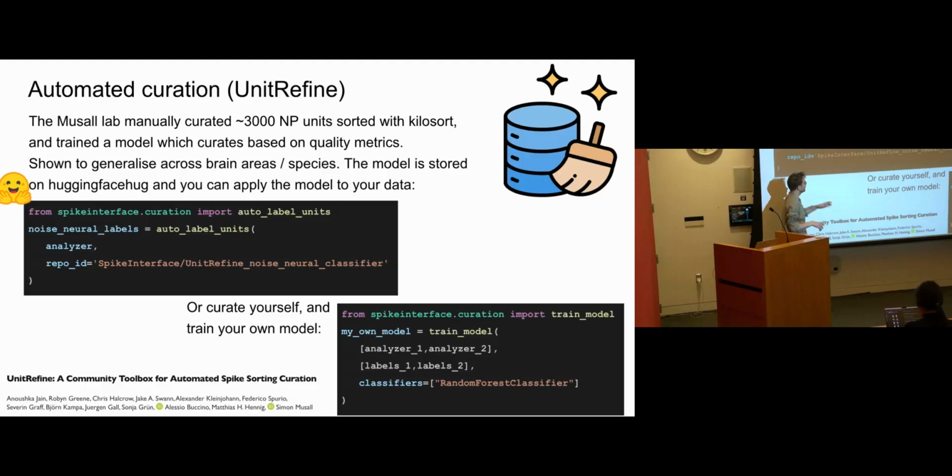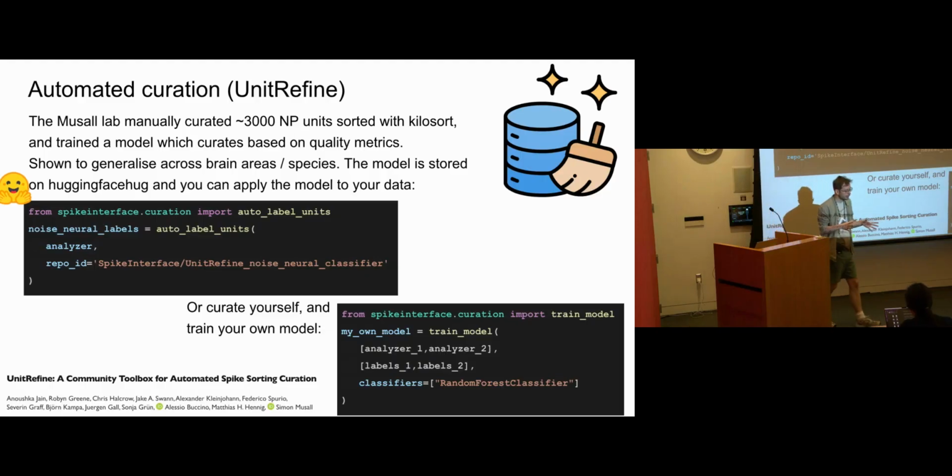And the nice thing is it's up on the Hugging Face hub, which is a repo of machine learning models and stuff. So you can simply give it your analyzer, give it this repo ID, and it'll spit out labels that it thinks, whether your units are good or bad. So there'll be more models on this soon.